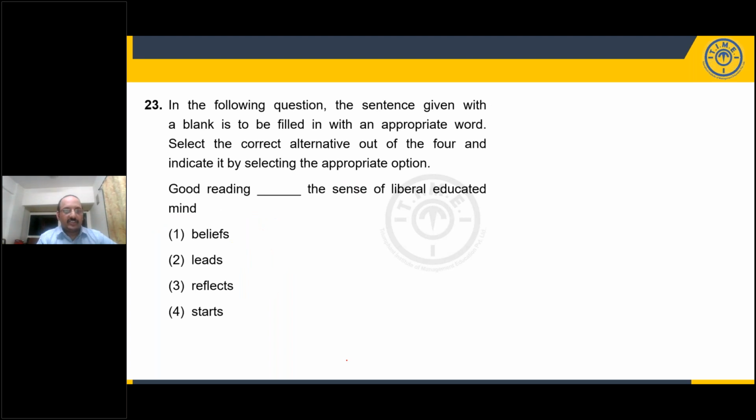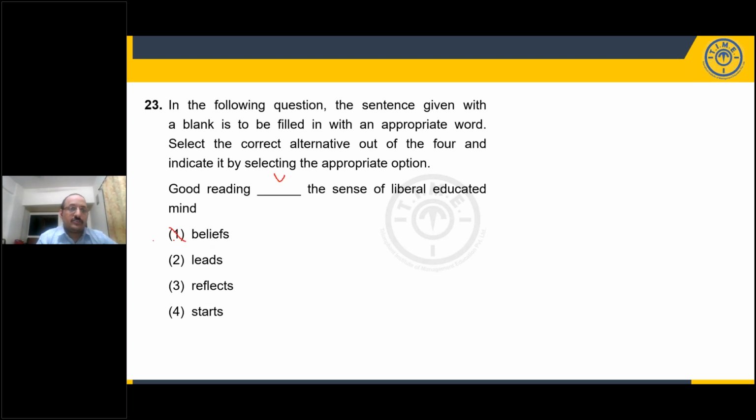Good reading dashed the sense of the liberal educated mind. Now, a liberal educated mind is one that accepts different kinds of people and different kinds of beliefs. So good reading will somewhere reflect it, or somewhere help it. So can I say beliefs? No, because beliefs is a noun. I need a verb over here. Can I say leads?